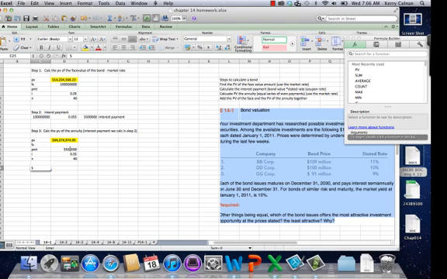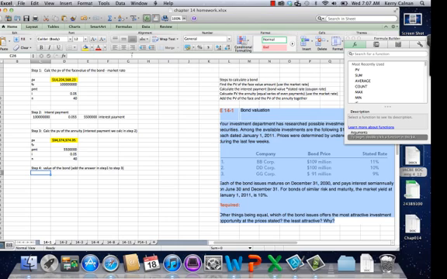So the last piece in calculating the value of this investment is to take the answer in step 1, which was the present value of the face value, and we're going to add that to step 3, which was the present value of the annuity.